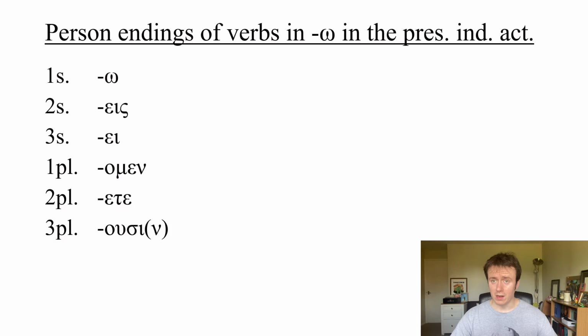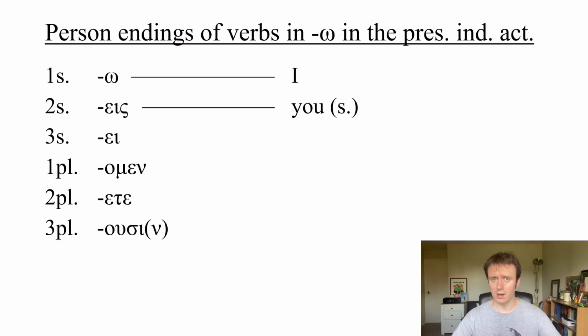And if you know the meaning of first person singular and second person singular and so forth, which you will if you've watched my other videos, then you will know that the ending ō is used when I am doing the action. The ending eis is used when you singular are doing the action. That is to say, the ending eis is used to mean you are doing the action when you refers to just one person.